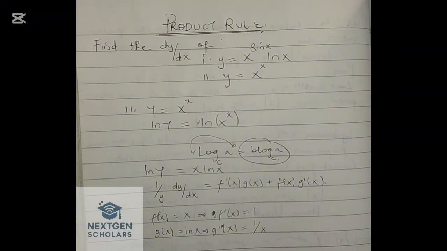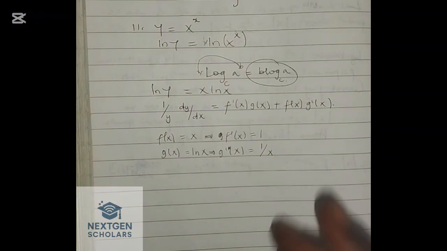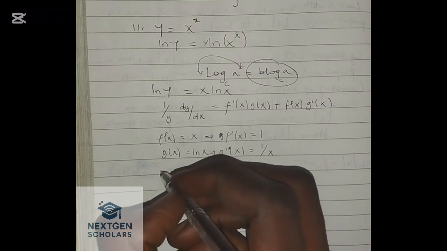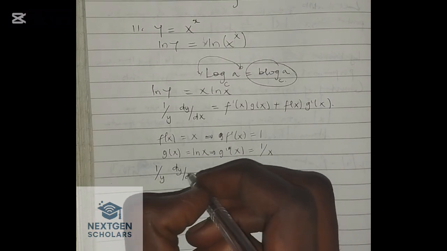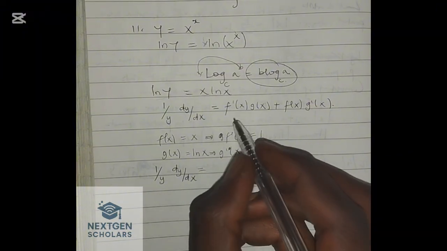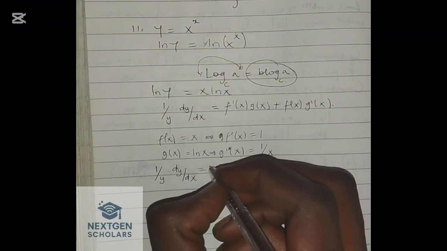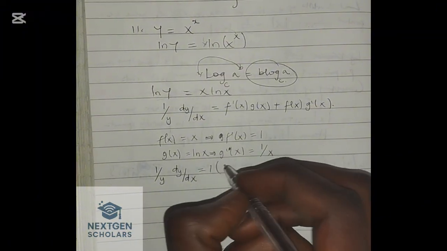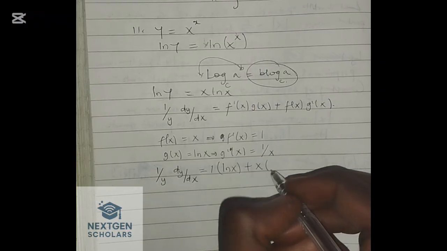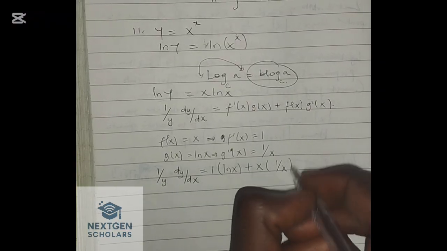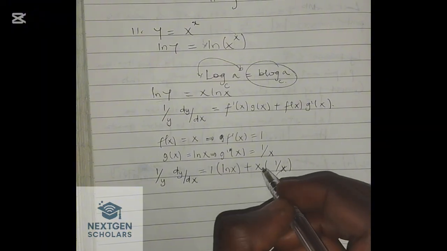So we apply our product rule here. We have 1 over y dy/dx equals f prime, which is 1, multiplied by g of x, which does not change, ln x, plus f of x, which is x, times g prime, which is 1 over x. Let's simplify and cancel this out.